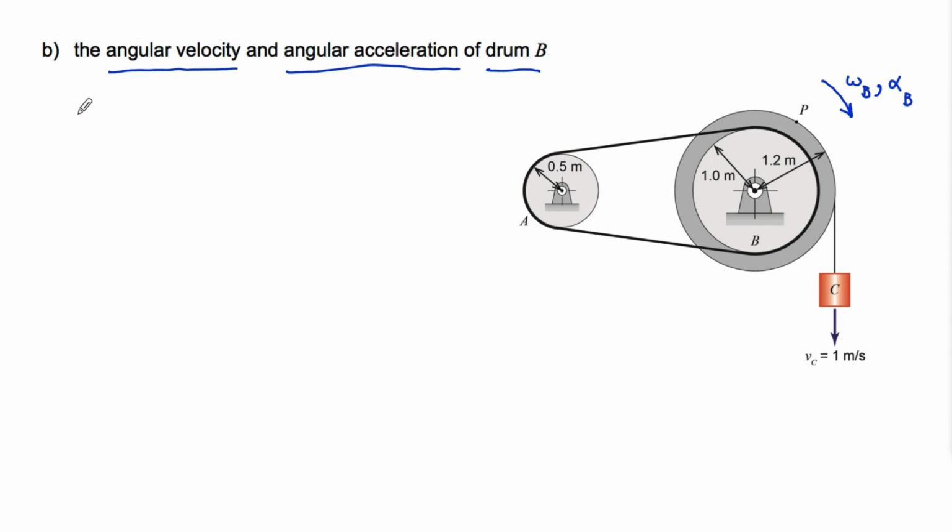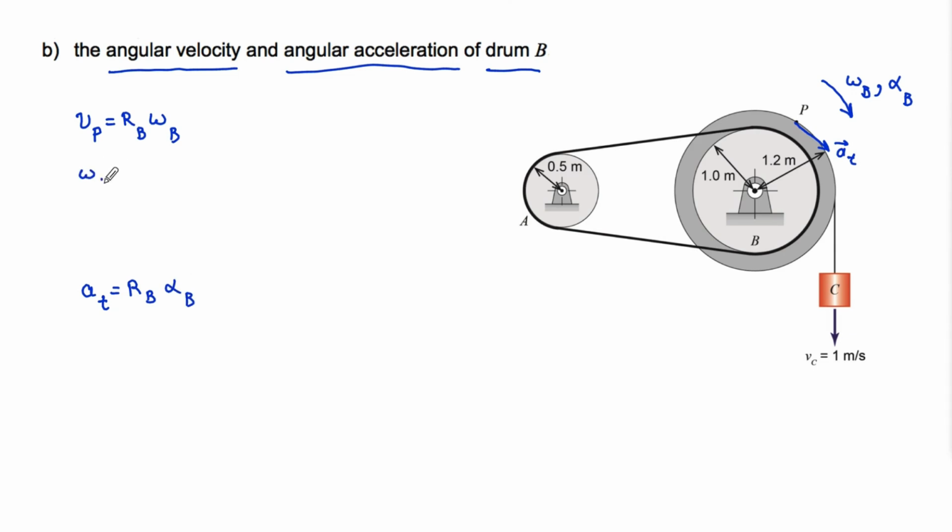Omega b and alpha b can be found by these formulas: v at point P equals r b omega b, and a t, the tangential acceleration, as r b alpha b.